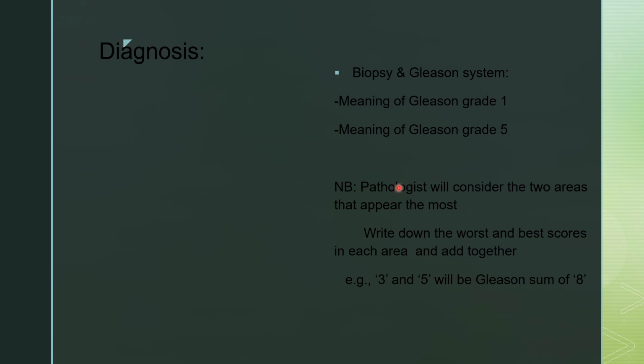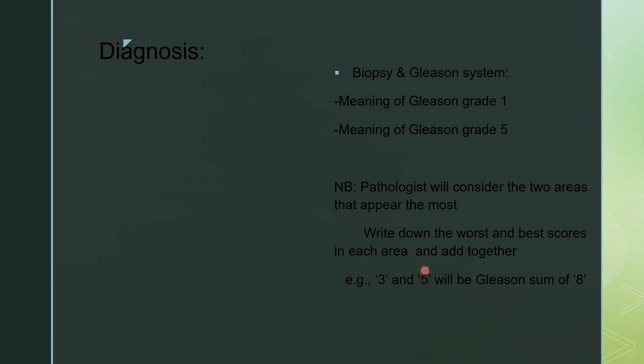Different parts of the prostate gland will have different grades when it becomes cancerous. The pathologist will consider the two areas that appear the most. Okay? Then he or she will write down the grade in each area and then add them together. The score in each of the two chosen areas will be added together to form the Gleason sum, like we have in the example there.